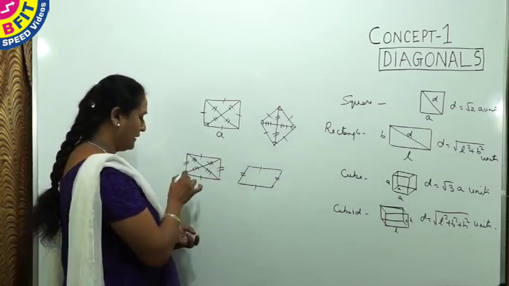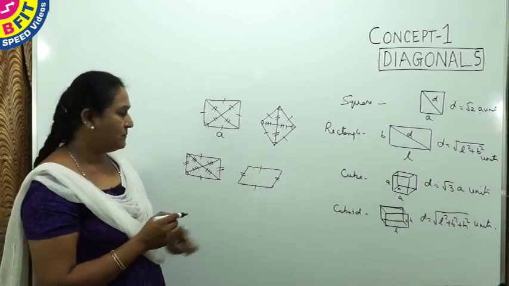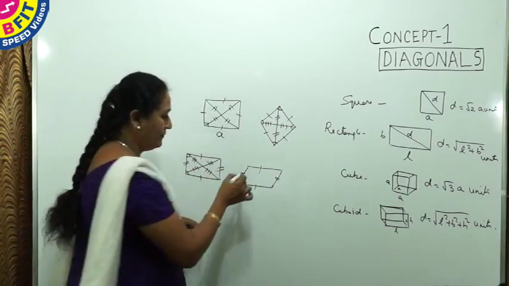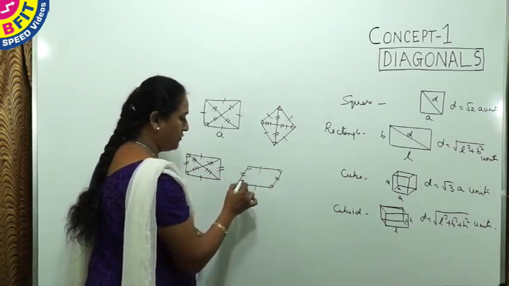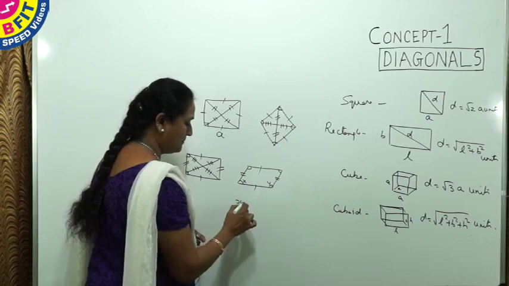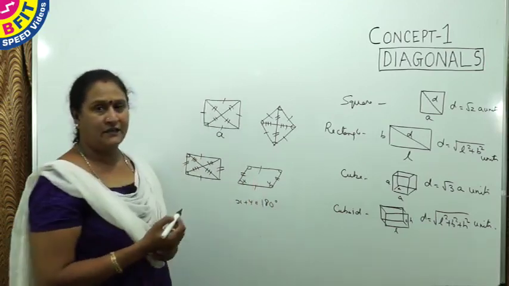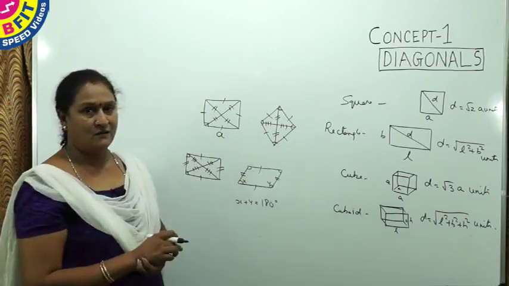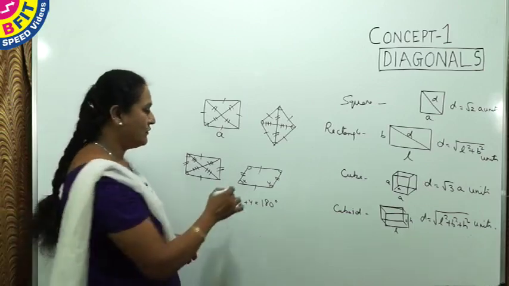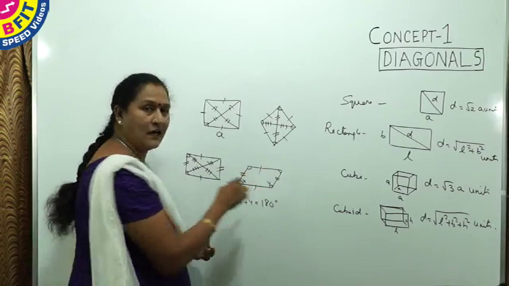For a rectangle, the vertex is 90 degrees, but for a parallelogram, the vertex is not 90. But when you add these two angles, we get 180 degrees. So the sum of angles between these parallel sides is 180. Or the converse also is true. Whenever you add two angles and it is 180, the lines are parallel.